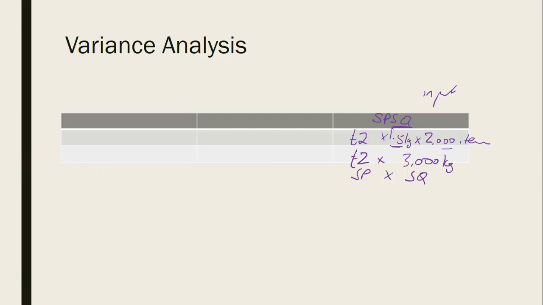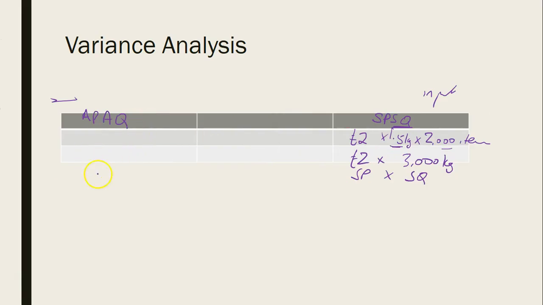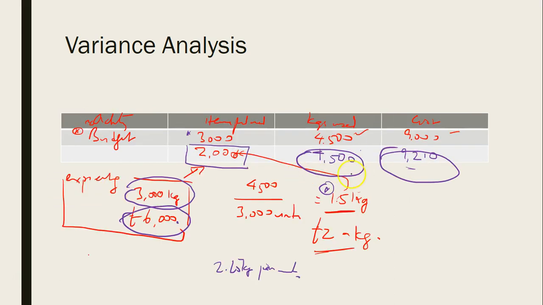Right, so let me come over here and say my APAQ. Well, you actually spent 9,210. So I know already that my total answer here is 9,210.